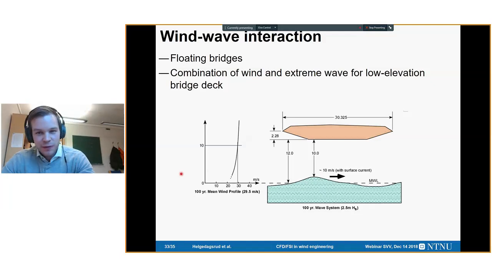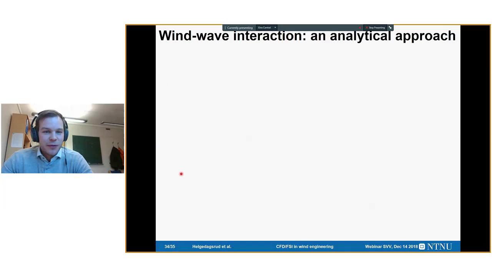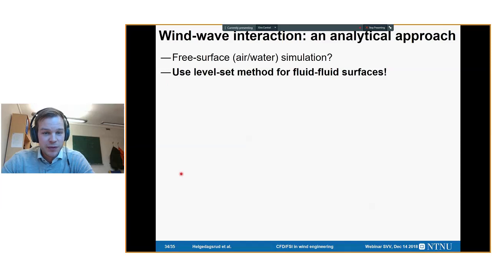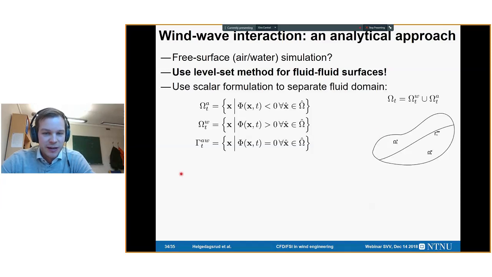So I can think of two approaches to this. We have a very analytical one, where you actually simulate the water itself. So you have a two-fluid FSI simulation. And for this, you can use the level set method. And just to quickly give an idea of the level set, we decompose the fluid mechanics domain into a water and air part.